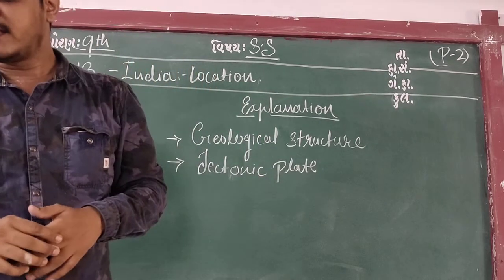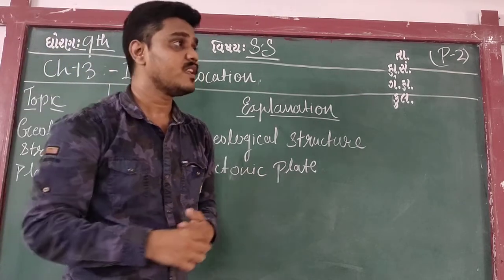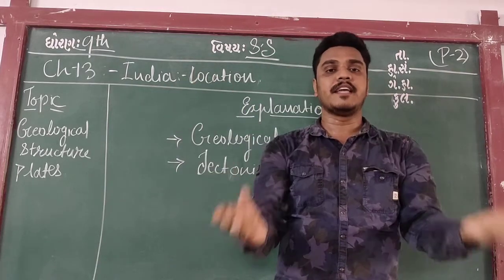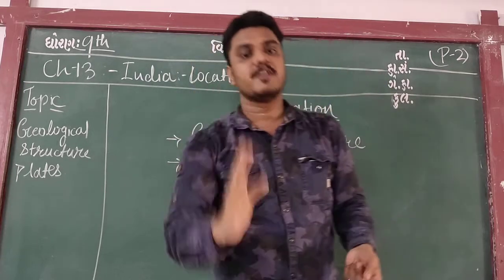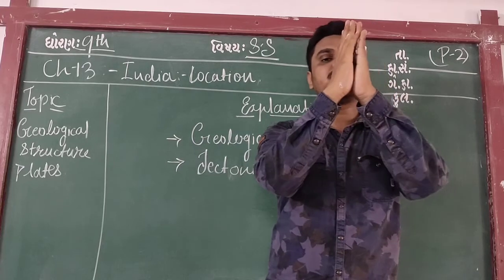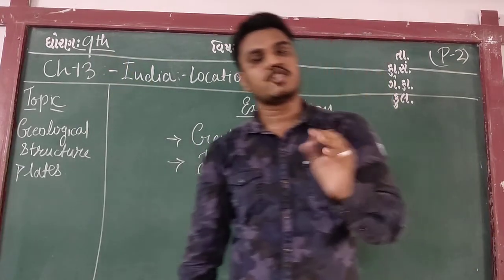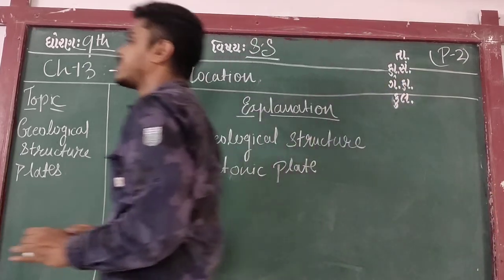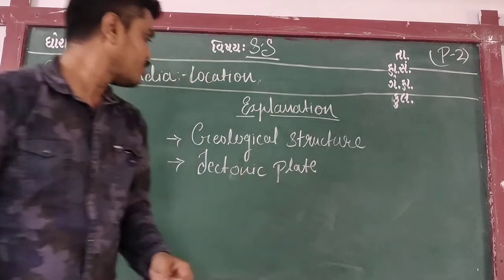So these upward currents break the upper layers into large pieces. Suppose there is a land, there is heat, and the radioactive particles move in an upward direction, vertically against the gravitational force, and that radiation creates a whole part that is called tectonic plates. Got it? It's a very important question for your exam purpose, so prepare it very well.